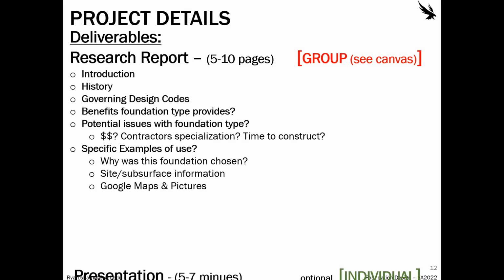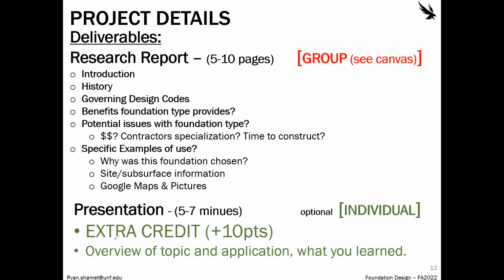Then what you can also do is an extra credit opportunity, but this is optional. Individually, you can record a short, 5 to 7 minute presentation about your specific topic. You'll overview the topic and application and also discuss what you learned. This is on an individual level, so you can't just submit the same PowerPoint.